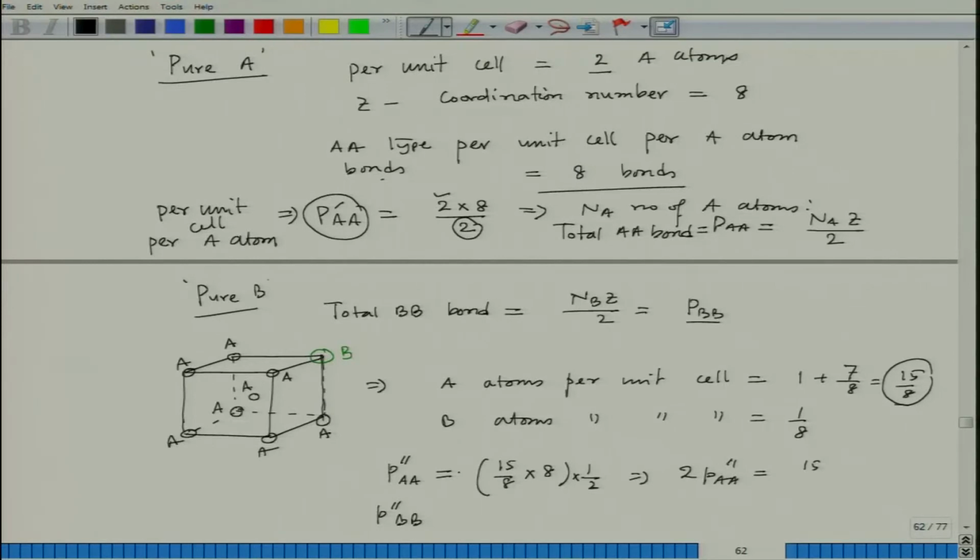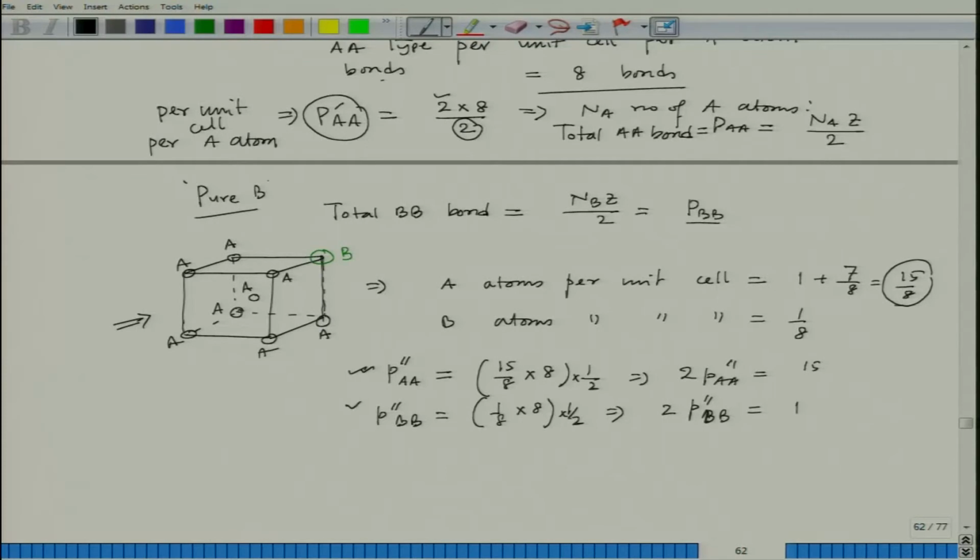This double prime I am mentioning with reference to this particular situation; I am not considering the whole of Na atoms and the whole of Nb atoms. It would be 1 by 8 into 8 by 2, equal to 1. We are getting these two expressions.